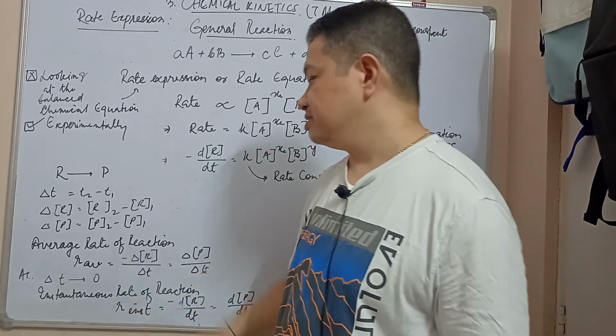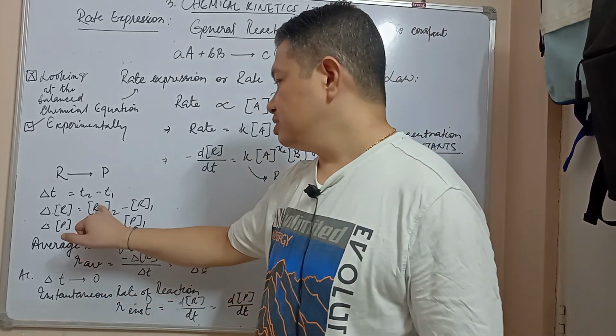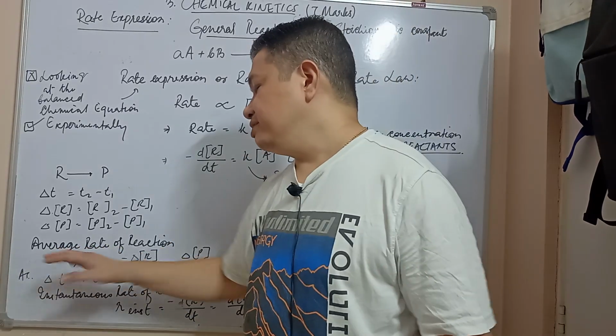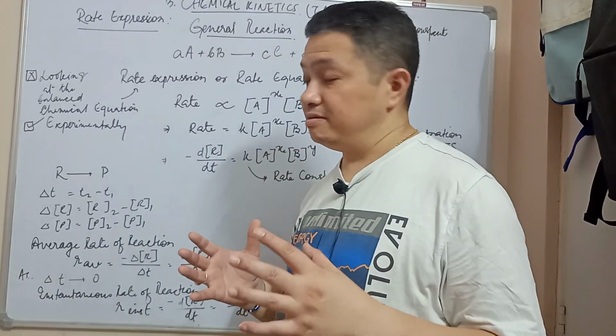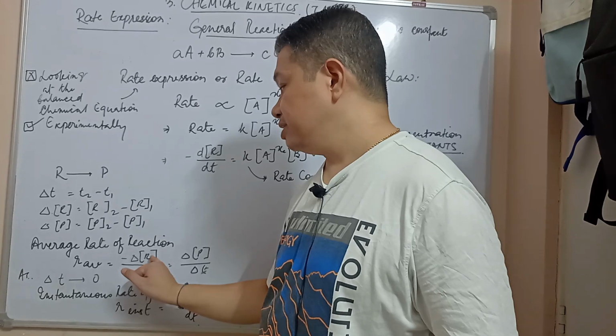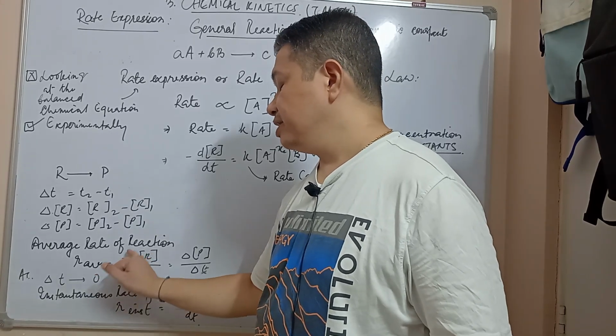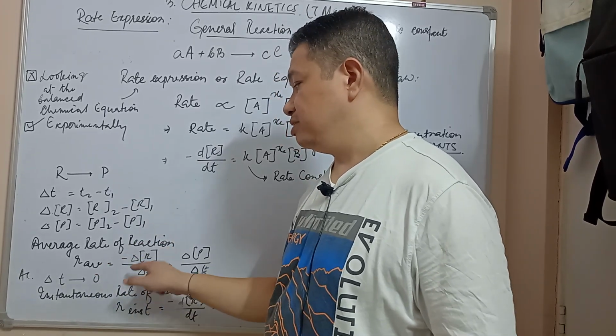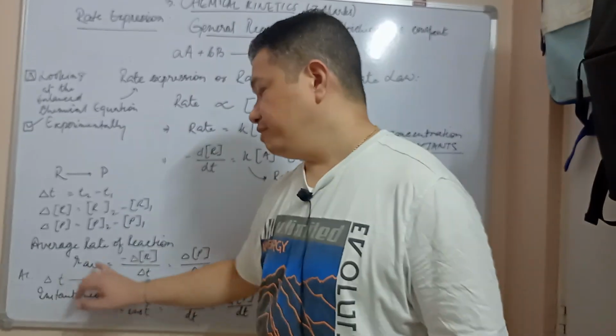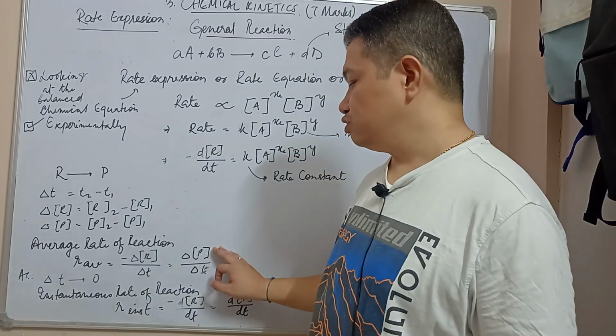The negative sign is there because the rate of reaction must be mathematically positive, and the change in reactant concentration is negative, so negative times negative gives positive. This is the average rate of variation in terms of the product: change in concentration of the product with respect to time.